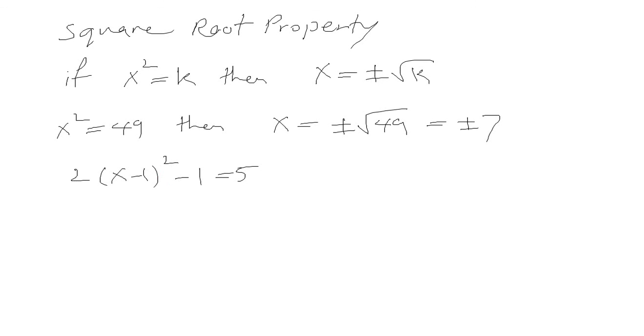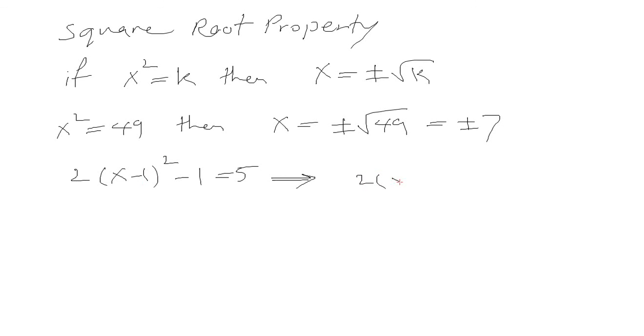So you can expand this, raise this to the power of 2, add up the like terms, bring everything to one side, write it in standard form, and then use the quadratic formula. You can always do that. But another thing you can do here is to use the square root property. How do you use that? You modify this so that you have a square on one side and you have a number on the other side.